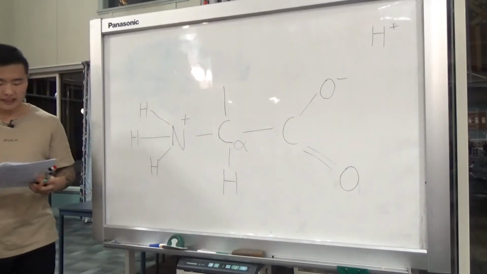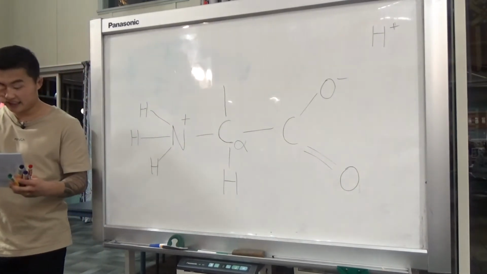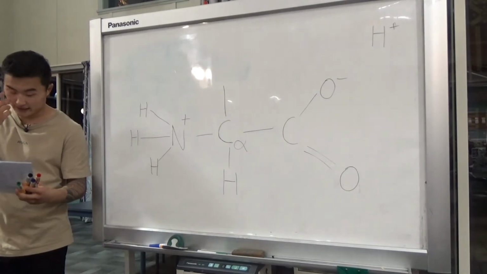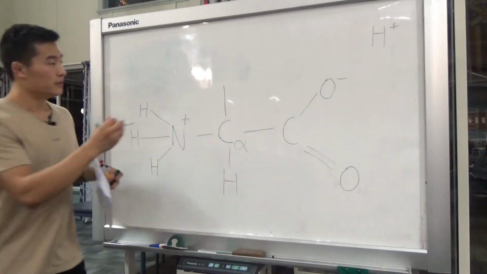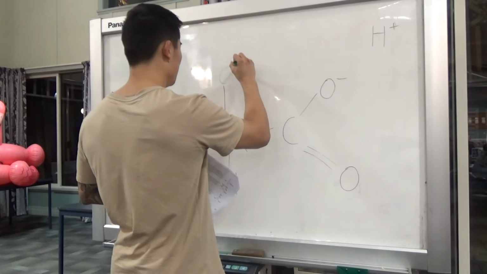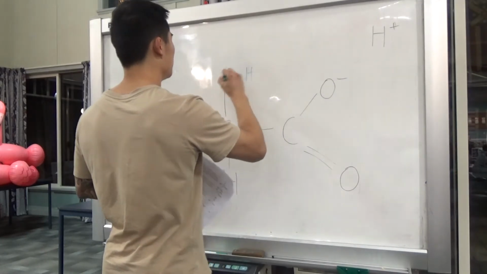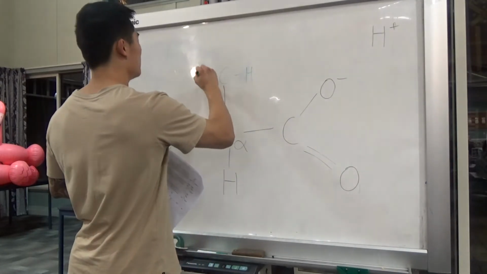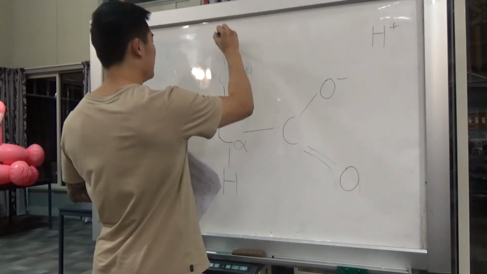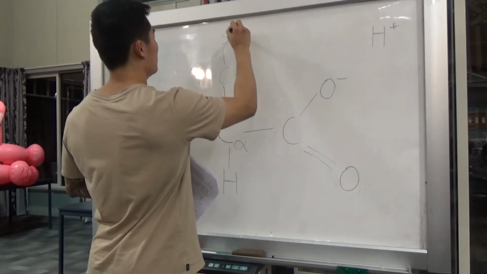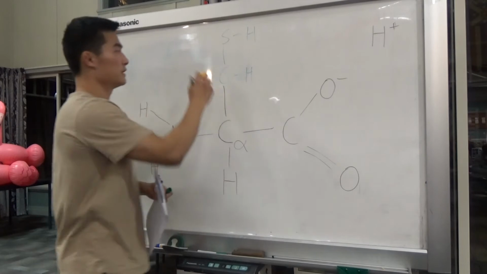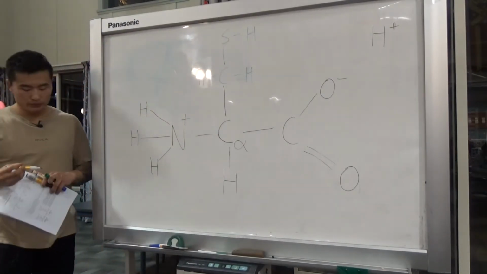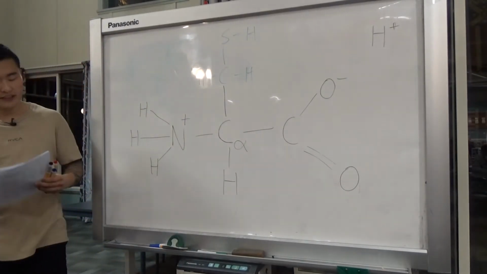And then cysteine. Cysteine has a sulfur atom on it. So the R group for cysteine is a carbon atom, and then this is called a sulfhydryl group. So it's got a sulfur on the end of it.